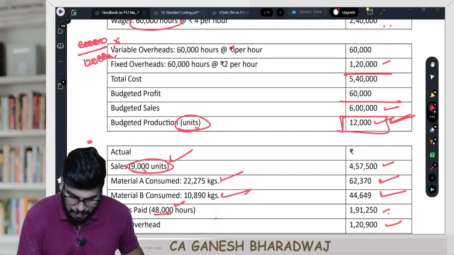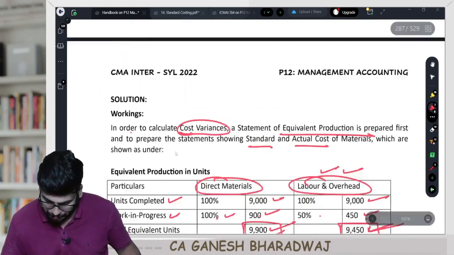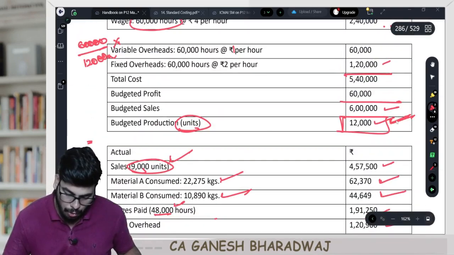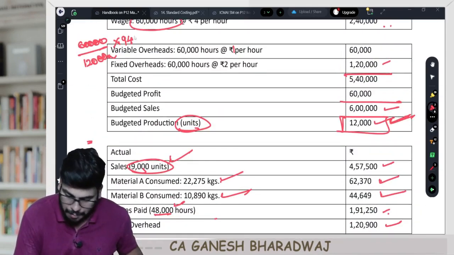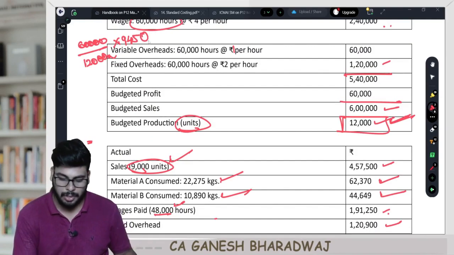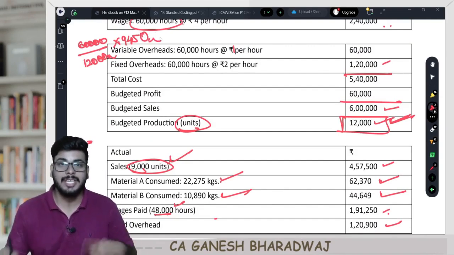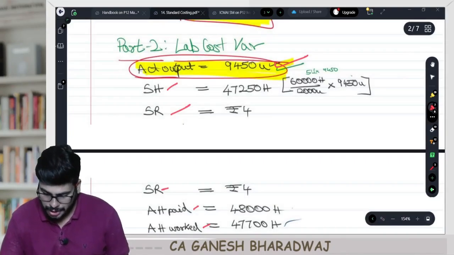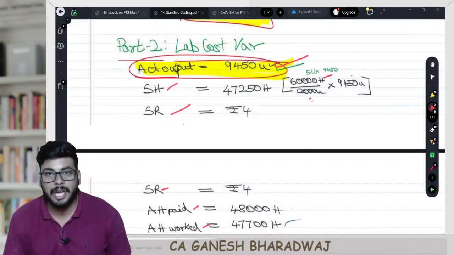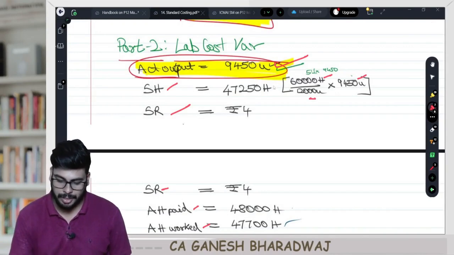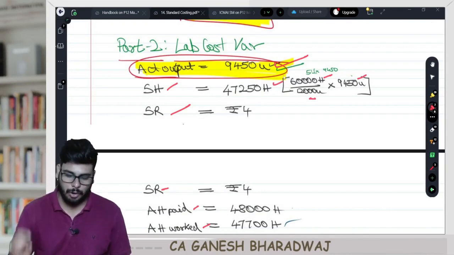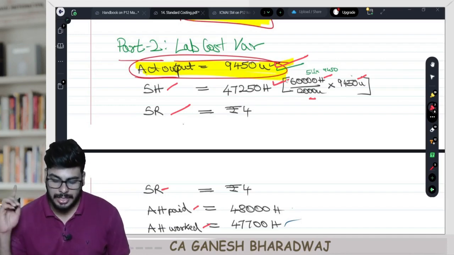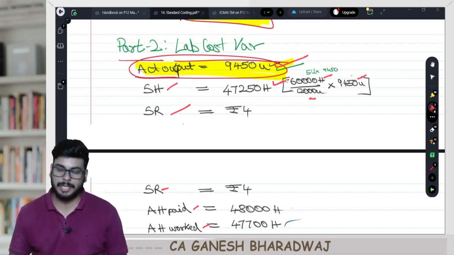But for me to actually get an output of 9,450, how many hours I should have taken? This is called standard hours. The calculation is 60,000 hours upon 12,000 units into 9,450. So for you to achieve an actual output of 9,450 units, you should have taken 47,250 hours. Clear with this, guys?